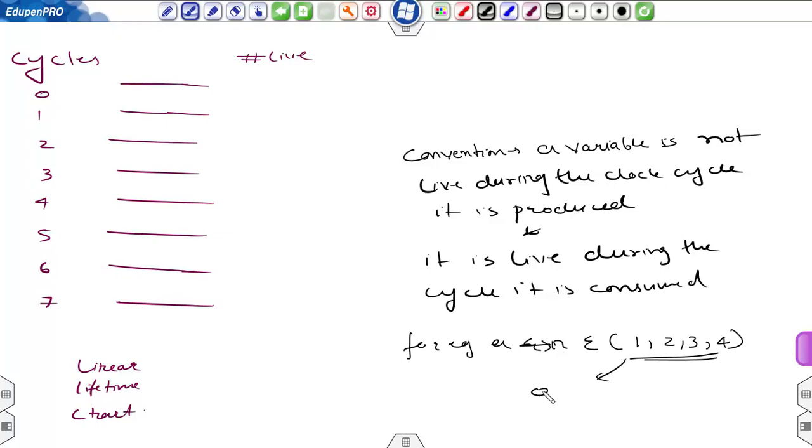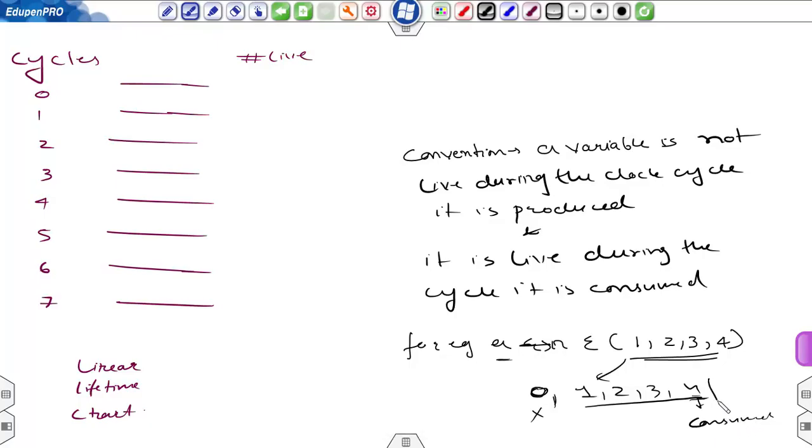Okay, so during the time of its production we will not consider it as live. So variable A is produced at the 0th cycle, so it is not live at this instance, and then 1, 2, 3, 4. For the remaining period it will be considered as live, and at the 4th clock cycle it is consumed.